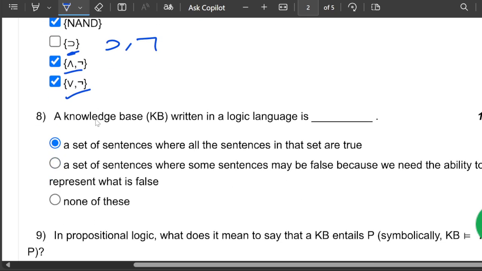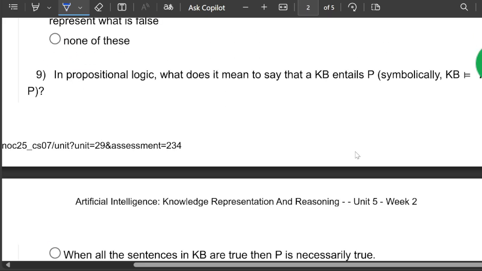A knowledge base written in a logic language is a collection of statements where all the values are true. So it is a set where all the statements in the set are true. In propositional logic, what does it mean to say that KB entails P, represented symbolically like this?